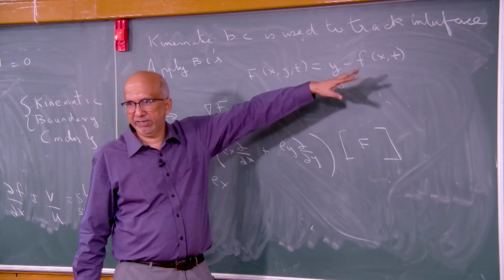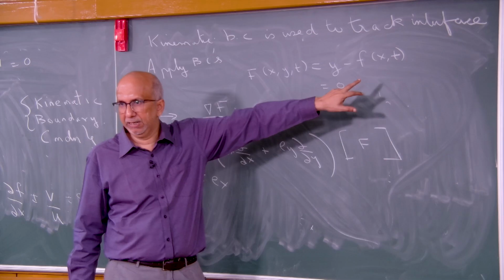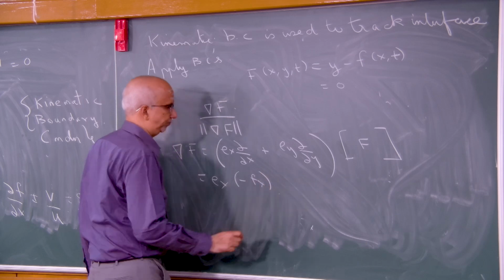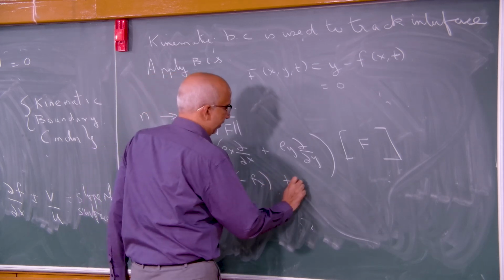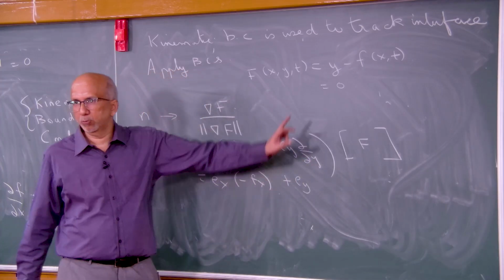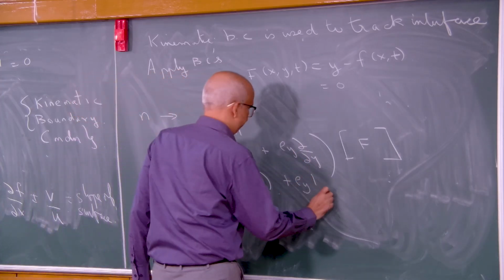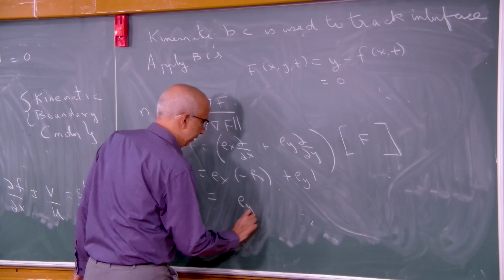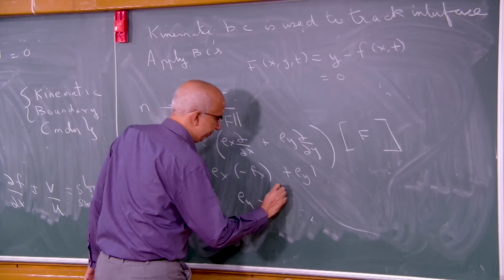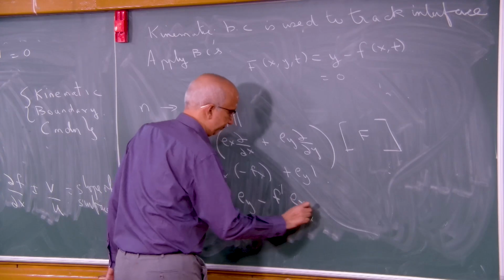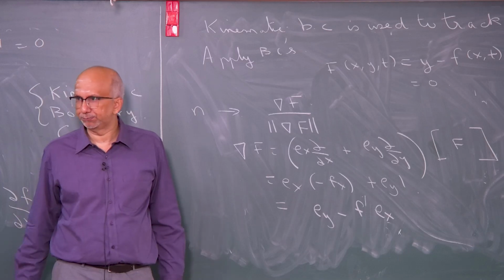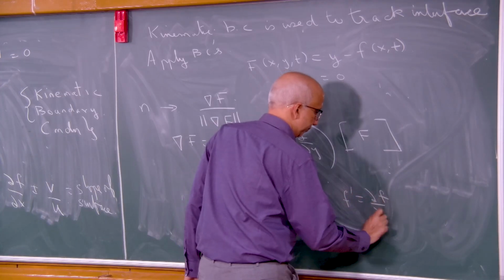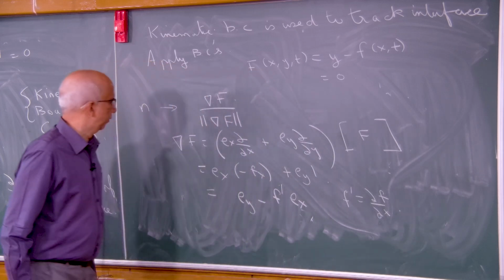Partial derivative means everything else is constant, so it is minus df by dx, this is minus f of x, plus Ey times d by dy, which is 1. So, basically this is Ey minus f dash Ex, where f dash is df by dx. So, that is the gradient of F.